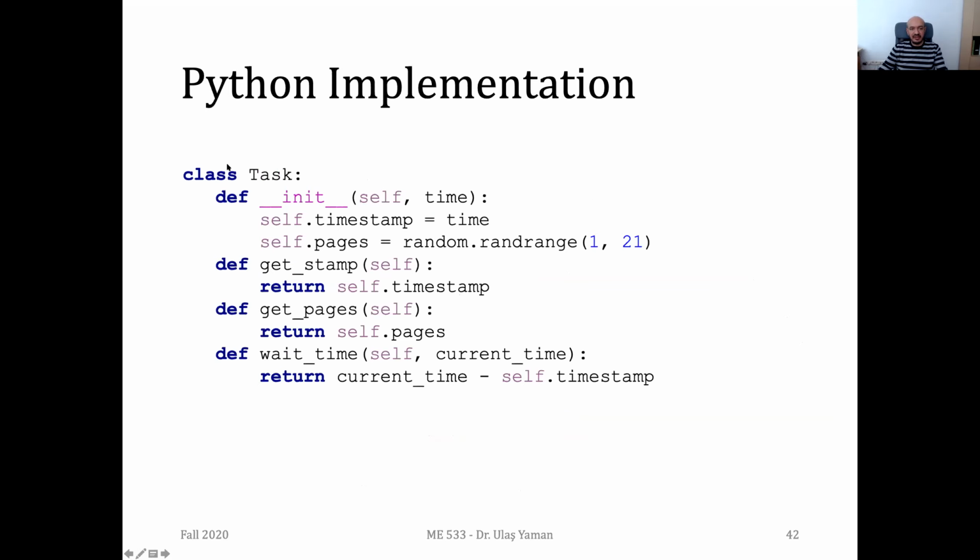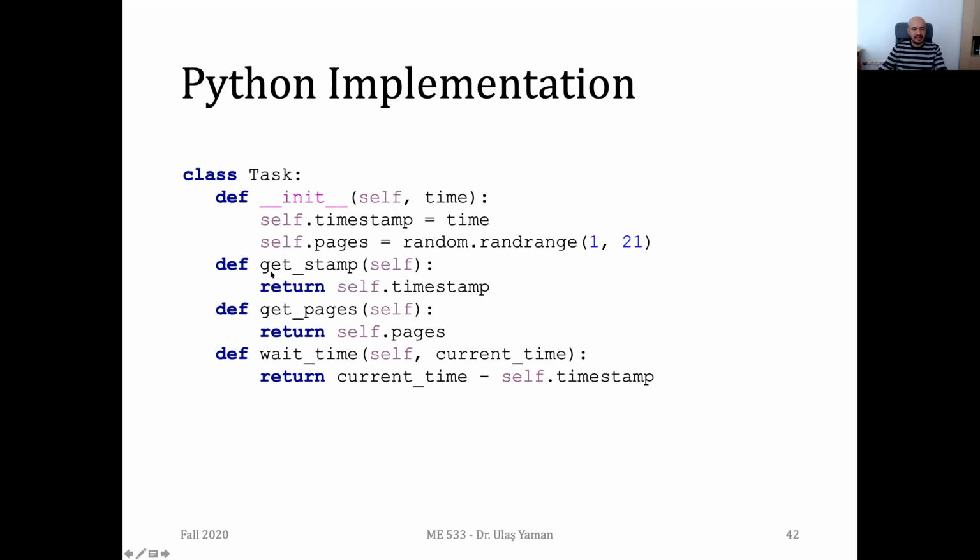So once you are creating the task, you should give the current time as an input, and that current time will be stored into the timestamp value of this task. And then what we do, we create a document having a random number of pages between 1 and 20. This is done with the help of this statement. So this is done for the initialization.